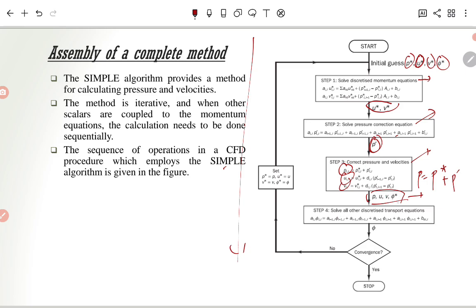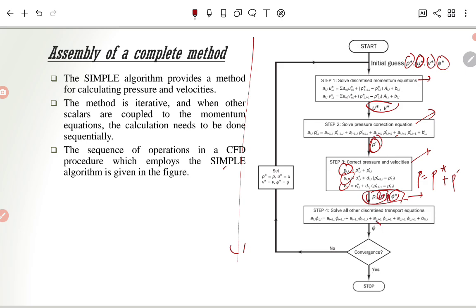Then we solve all the transport equations using the correct value of pressure, velocity in the x direction, and also velocity in the y direction.